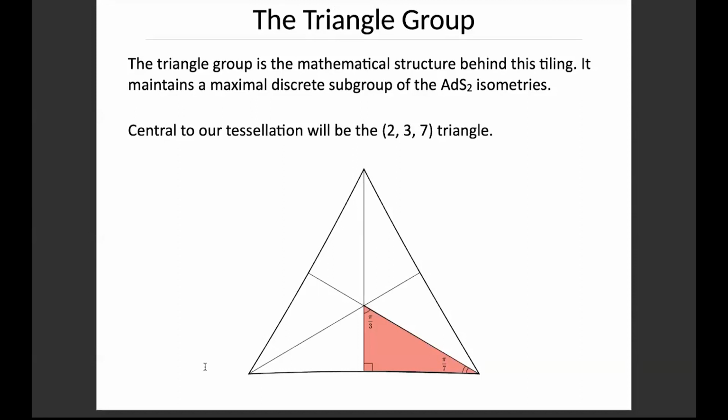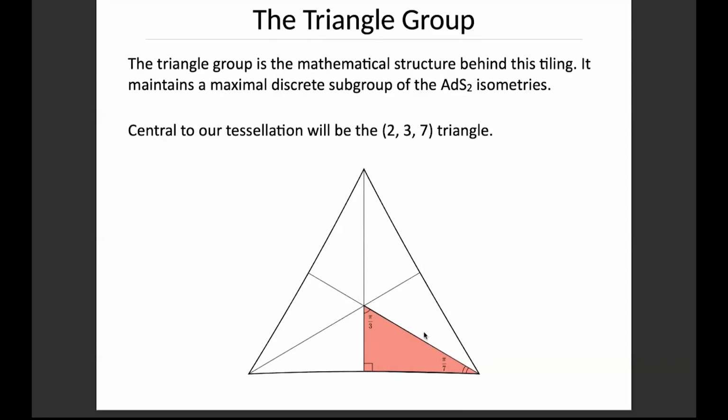Central to our tessellation will be this so-called 2, 3, 7 triangle, which is this red triangle down here. What the triangle group does is it takes this fundamental unit triangle, and the generators of this group, a fancy word meaning the group has some action on the space, simply take this red triangle, flip it and rotate it around to create these larger equilateral triangles, which themselves are flipped and rotated around to create the lattice.